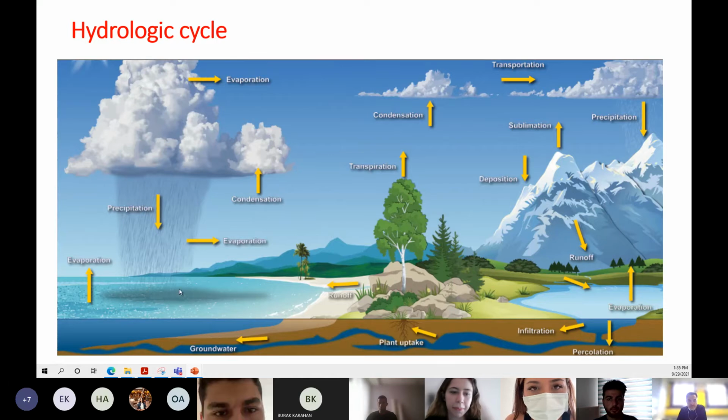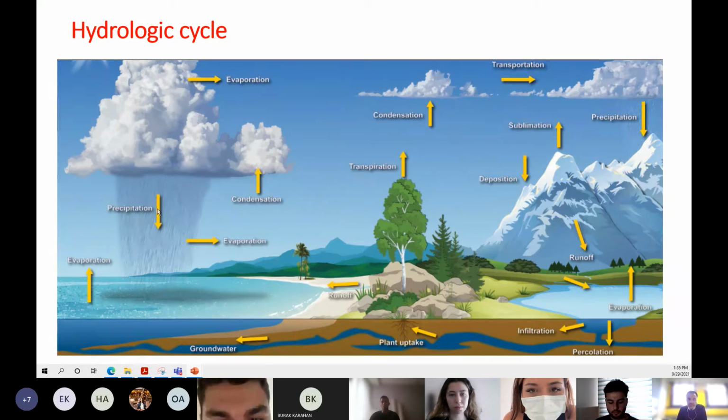Yes. When we have precipitation, some part of the water can go exactly onto oceans, some other can come onto the land. Some can precipitate on the mountains. Based on the different places where we have precipitation, different phenomena can happen.